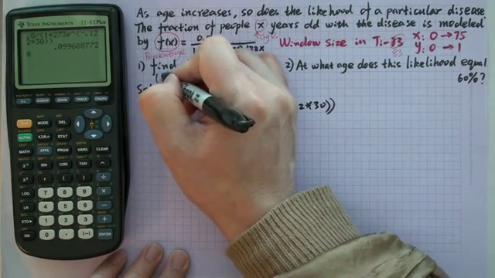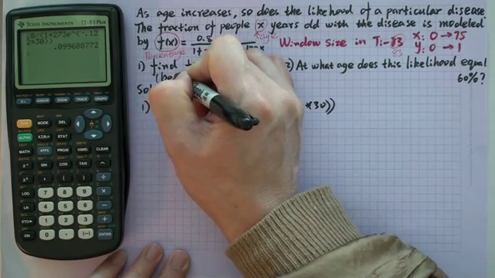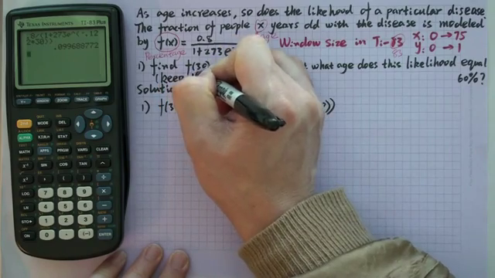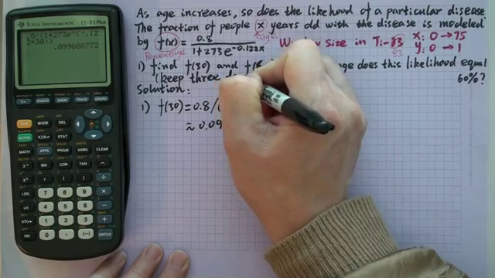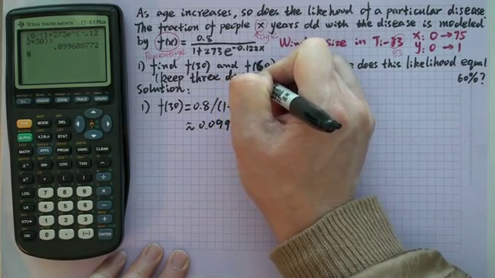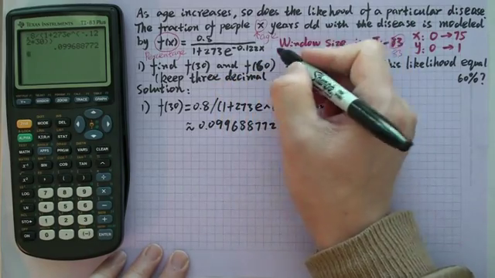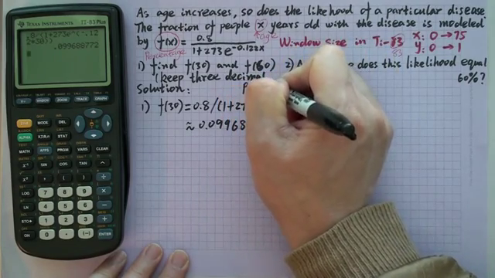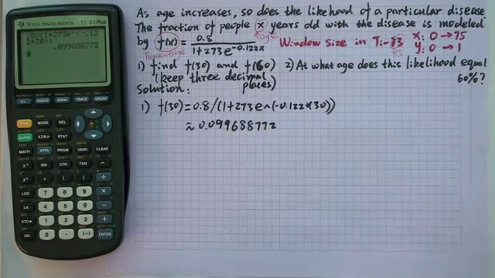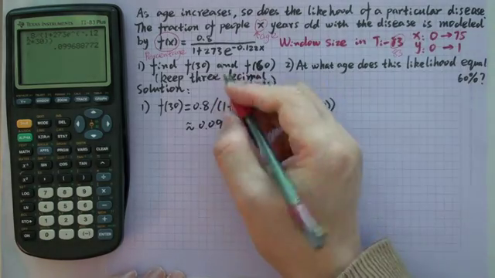Let's keep 3 decimal places. So you want to look at the fourth one.